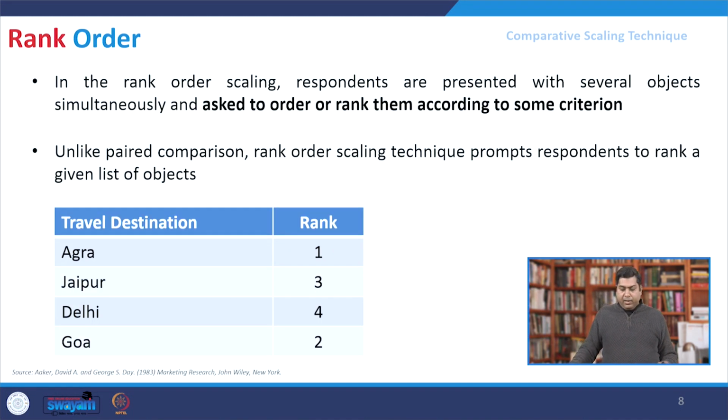Now, coming to the rank order, in such cases we just ask the respondent to rank their preferences. There is no comparison between two variables; it is directly pinpointed.